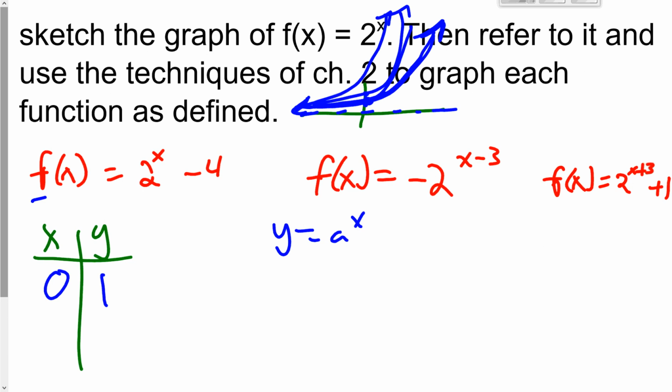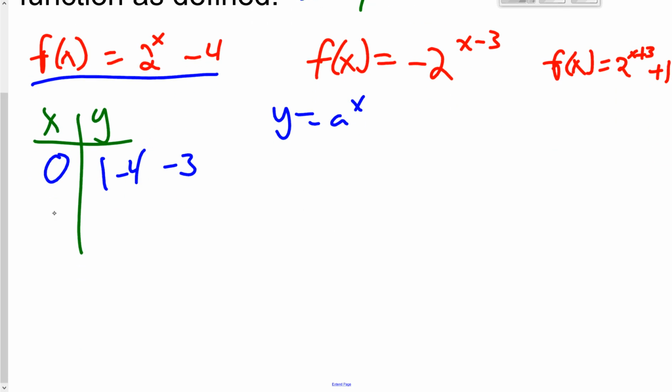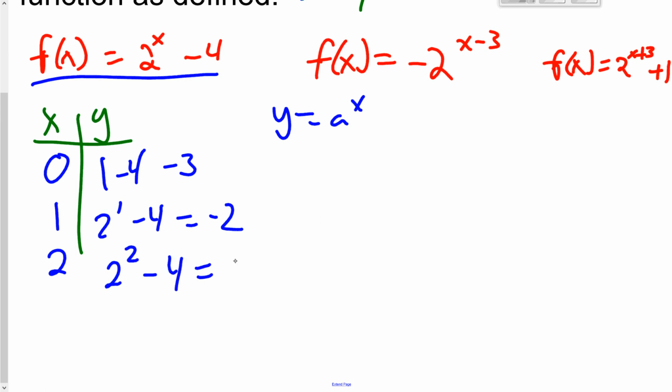But this first example here, we're subtracting 4, so I would subtract 4 from that 1, and I would get negative 3. And then I can put in 1, so that's 2 to the 1 minus 4, which is negative 2. I can put in 2, 2 squared minus 4, that would be 0.